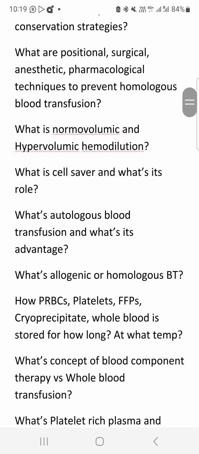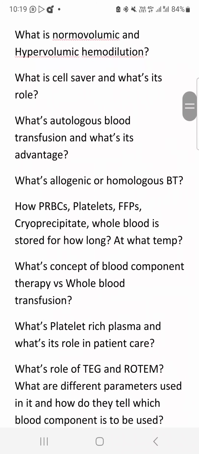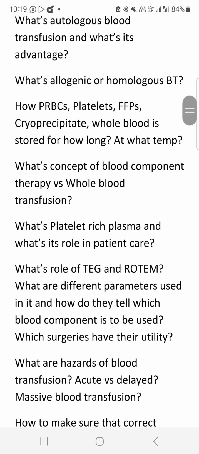These are the questions which I have made for autologous and homologous transfusion, and complications when we donate 1 pint of blood. What are the products which are formed from it, and how are they stored? This question may be asked in an OSCE, or in your long case, or this knowledge can be needed in a number of places.